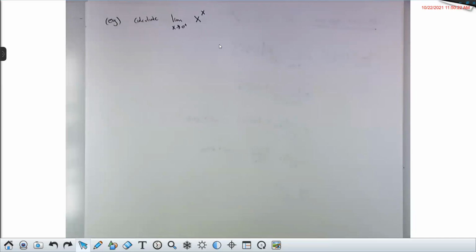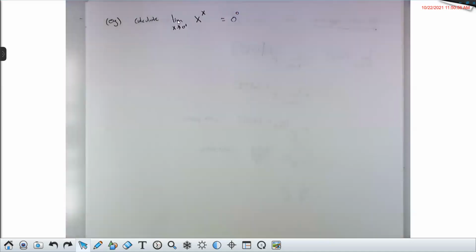So the function x to the x is interesting. It's weird. It's not an exponential like 2 to the x or e to the x because the base is not a constant. But it's also not a power function. It's not like x squared or x cubed because the power is a variable. So both the base and the variable are powers. This is a weird function.